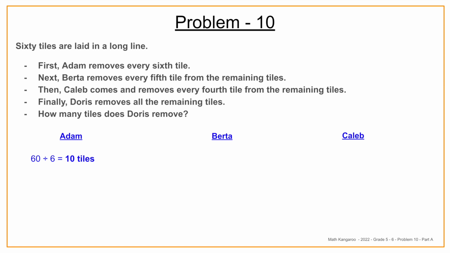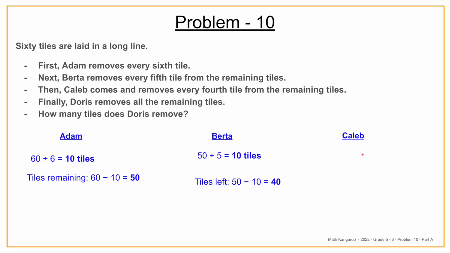How many tiles remain? 60 minus 10 gives us 50 tiles. Now next Berta comes and she removes every 5th tile from the remaining tiles. That means 50 divided by 5 gives us 10 tiles. How many tiles are left? 50 minus 10 gives us 40.